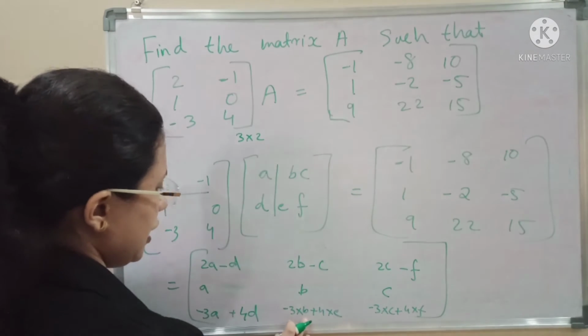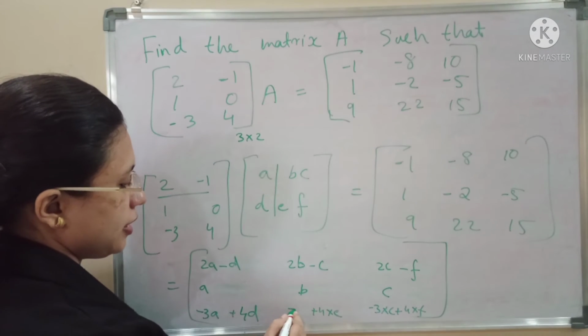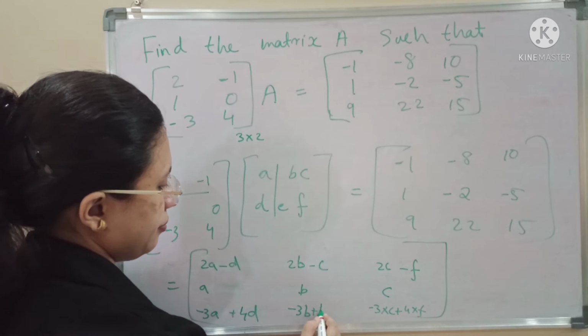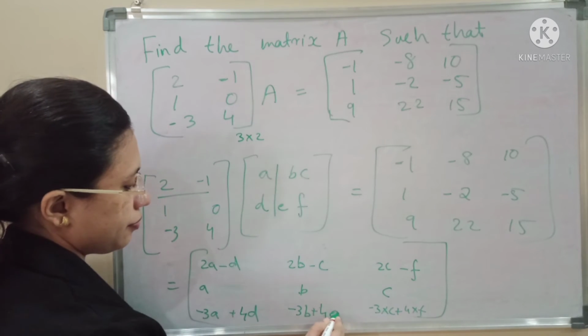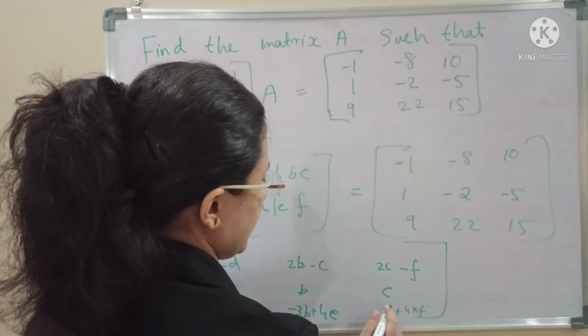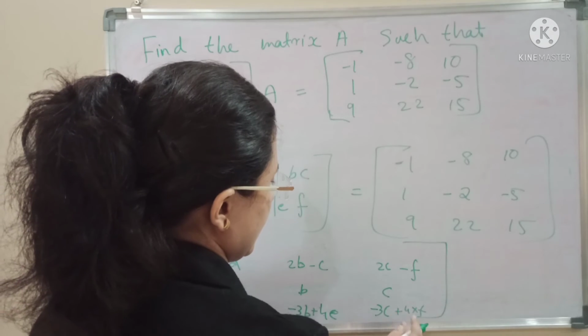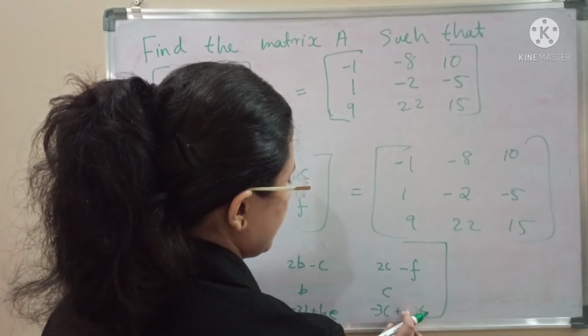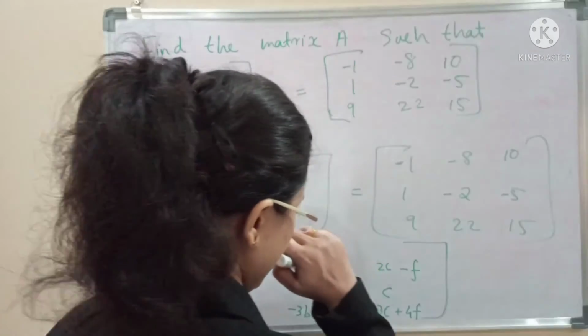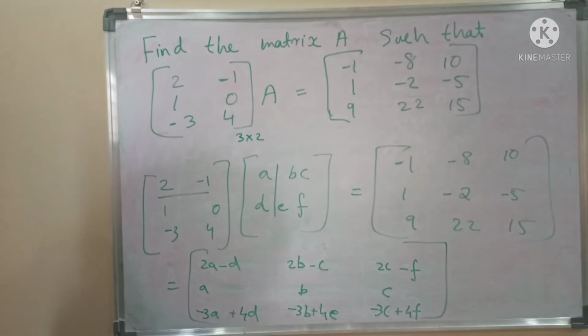Minus 3 into B is minus 3B plus 4 into E is 4E. Minus 3 into C is minus 3C plus 4 into F is 4F. Clear? Okay.